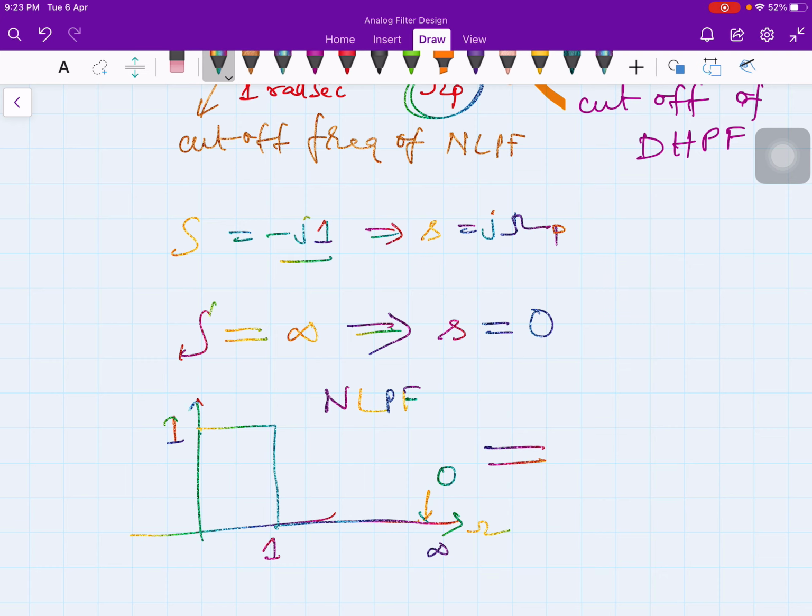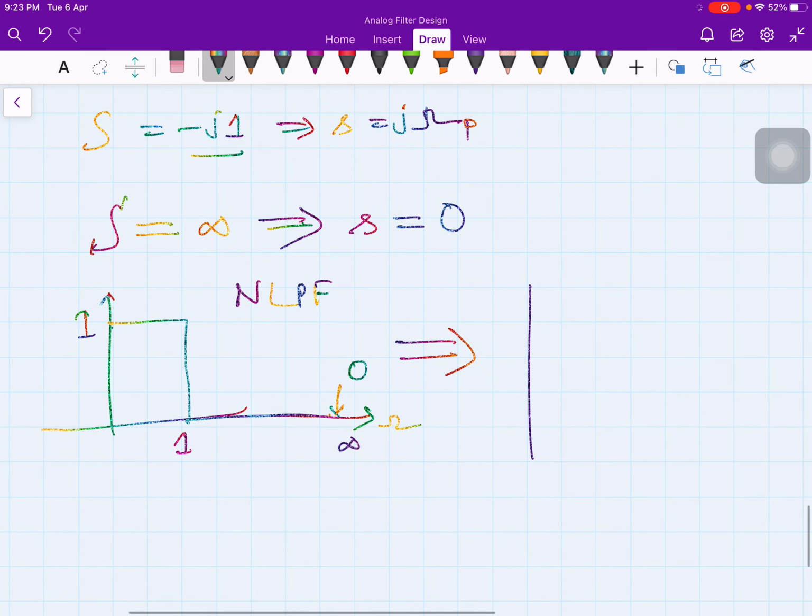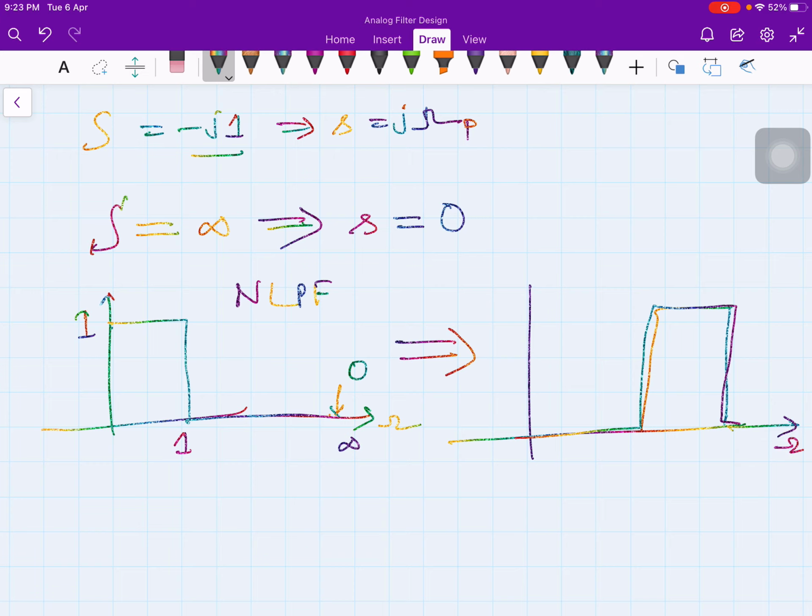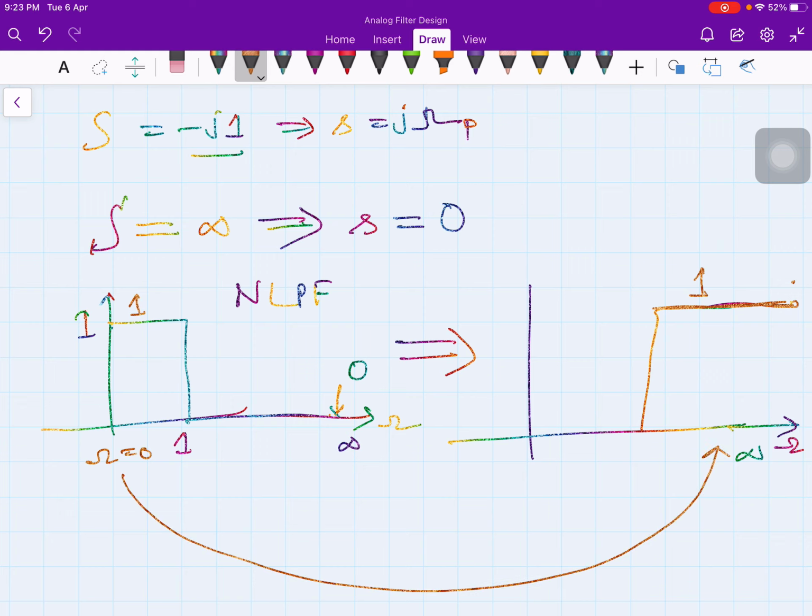Now this is transformed into a high pass filter like this. This is omega and the frequency is infinity. In fact it goes like this, it goes up to infinity. So here the magnitude is 1. When omega equal to 0, the magnitude is 1. So that is transformed to like this. And here when capital S equal to infinity, that is transformed to here small s equal to 0, and here the magnitude is 0.